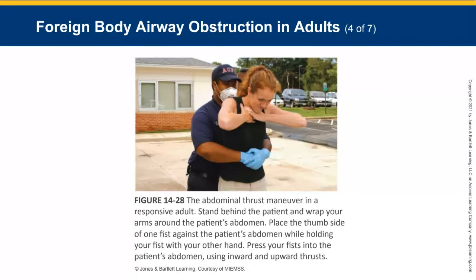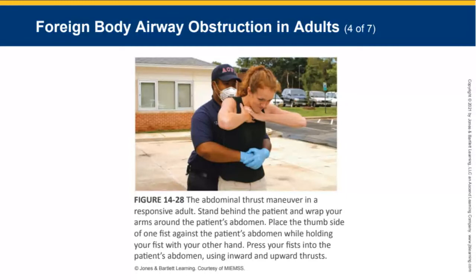You want to create an artificial cough, and keep your thumb on the inside. Don't keep your thumb on the outside because your thumb is very weak. You can sprain your thumb. So keep it on the inside, and you're creating an artificial cough with that inward and upward movement.